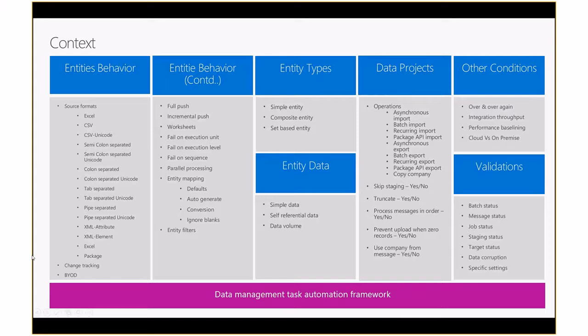So that is the context for laying the landscape around why validation of data entities and integration scenarios is challenging from a data management perspective, and how the automation framework can be handy to help in this objective.